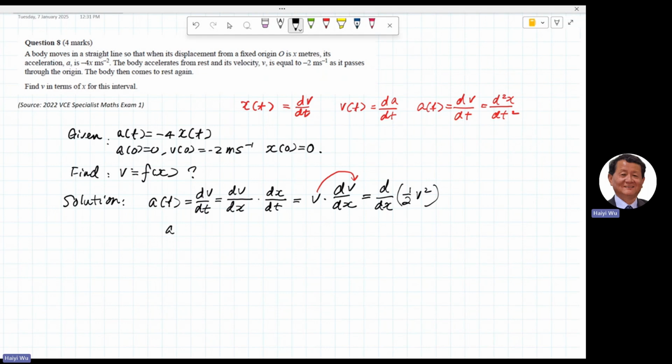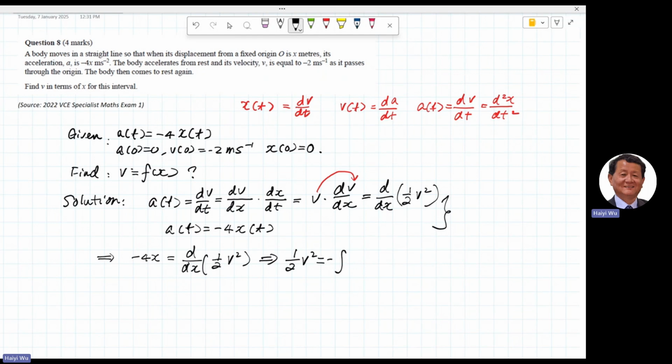Now, because a(t) is given as negative 4x, I'm going to substitute into the function. So it'll be negative 4x equal to the differentiation with respect to x of half v squared. So that's how we got that formula first. Now we're going to undo the differentiation, so we integrate both ends. The right-hand side becomes half of v squared.